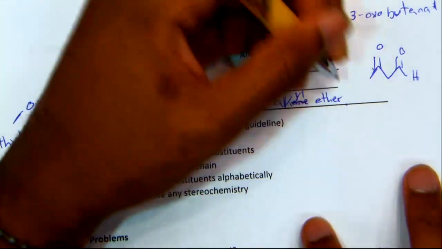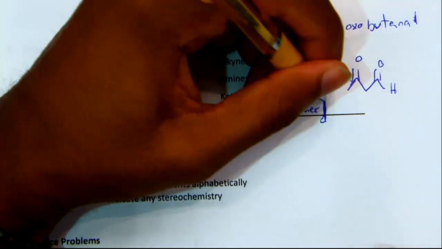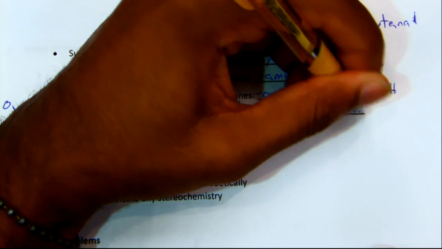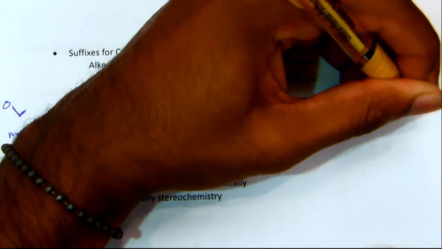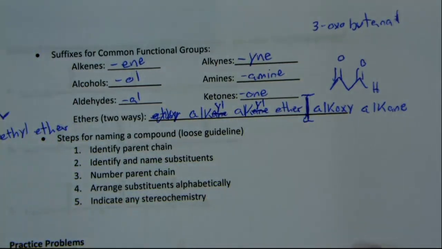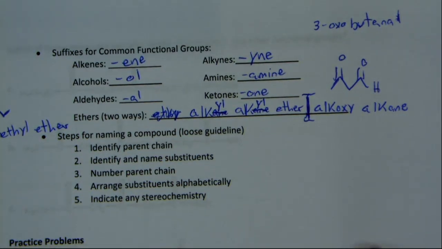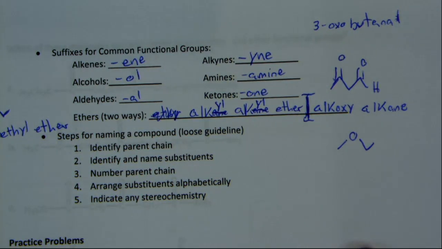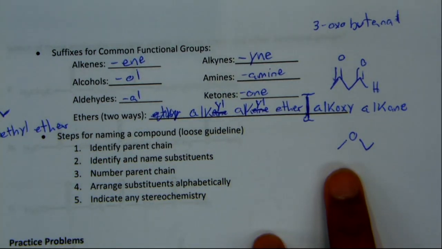The second way of naming it is to name it an alkoxy alkane. So I'm just going to put a divider right here. Alkoxy alkane. To choose which substituent is going to be the alkoxy group, back to my example here again, I would choose the shortest substituent to be my alkoxy group.